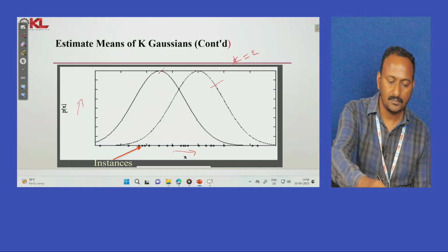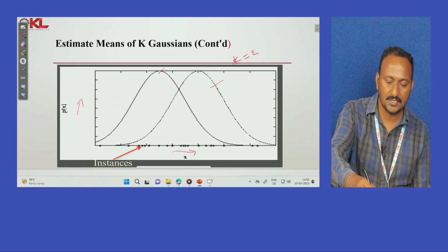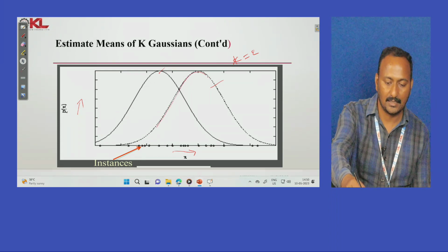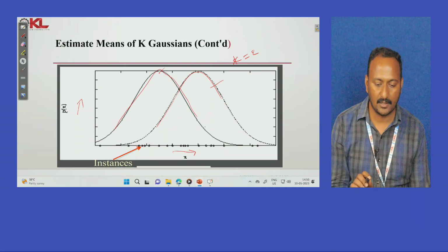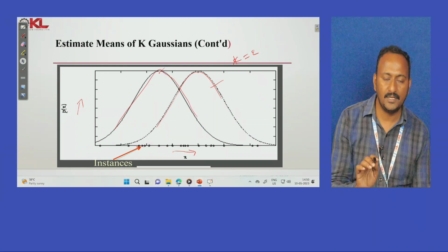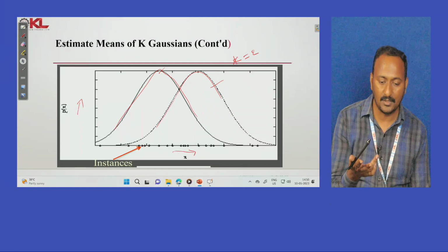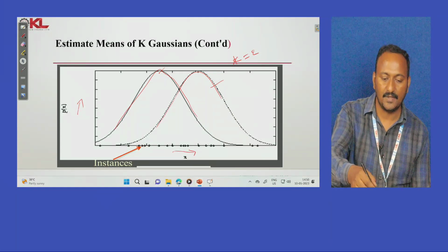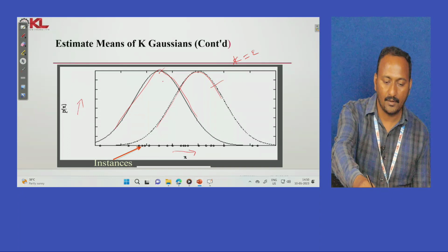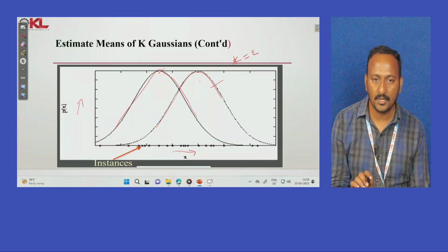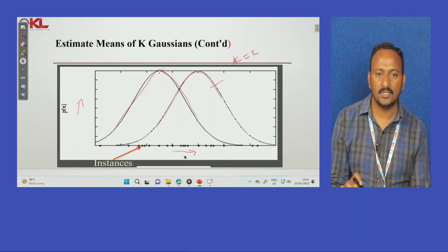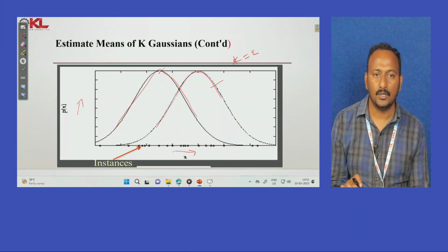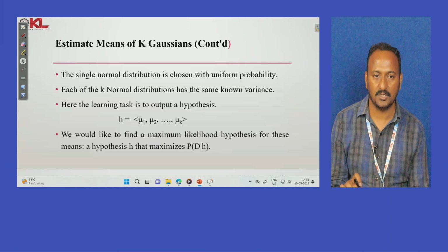These instances may be generated by this Gaussian distribution function, or by this other Gaussian distribution function. As we just discussed, there are two steps in the process. In the first step we randomly pick one of the Gaussian distributions, and after picking it we generate one instance. This is the diagrammatic representation of two Gaussian distributions.